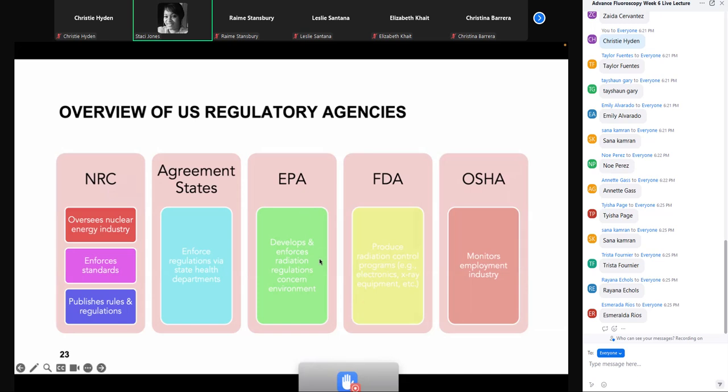The EPA develops and enforces radiation regulations concerning the environment. FDA produces radiation control programs, for example, with electronics and X-ray equipment, and then OSHA is going to monitor your employment industry. So monitoring your employee environment and the safety of that environment and what all you're being exposed to in that environment.